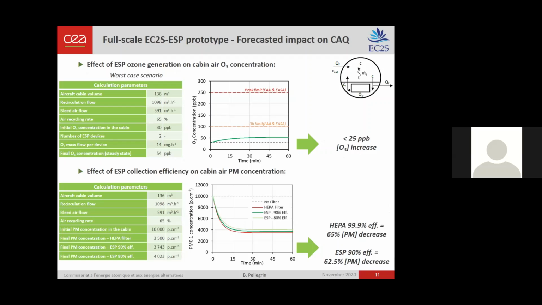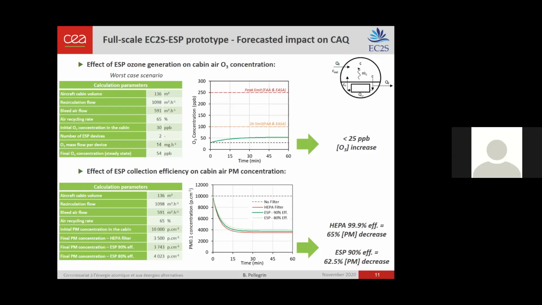Using those results, we performed some basic mass balance calculations to predict the impact of the electrostatic precipitator prototype on the cabin air quality. Firstly, for the ozone generation, assuming a 65% air recirculation rate in the cabin, we calculated that in the worst case scenario, the ozone concentration in the cabin will not increase more than 25 parts per billion due to the electrostatic precipitator.